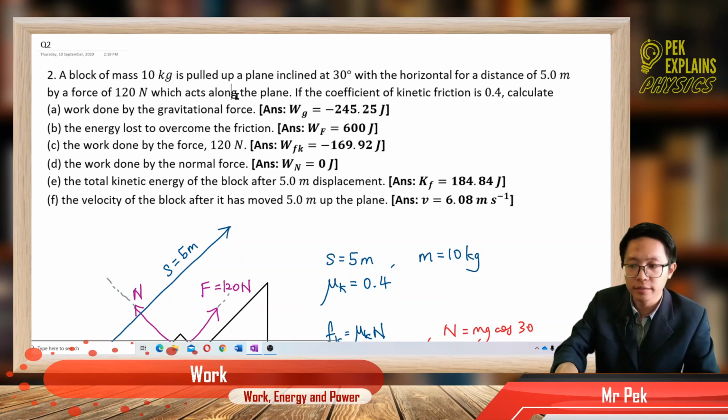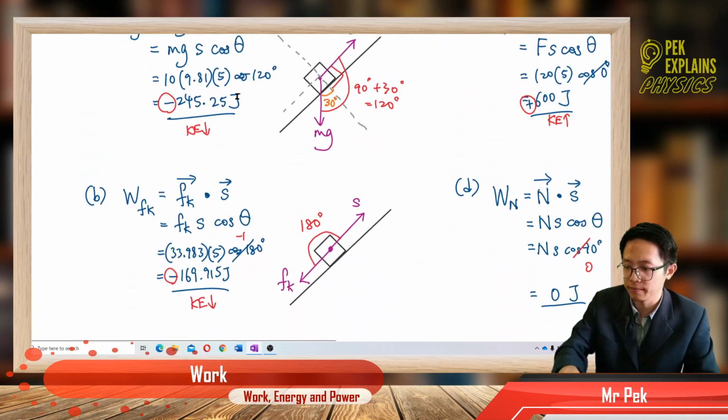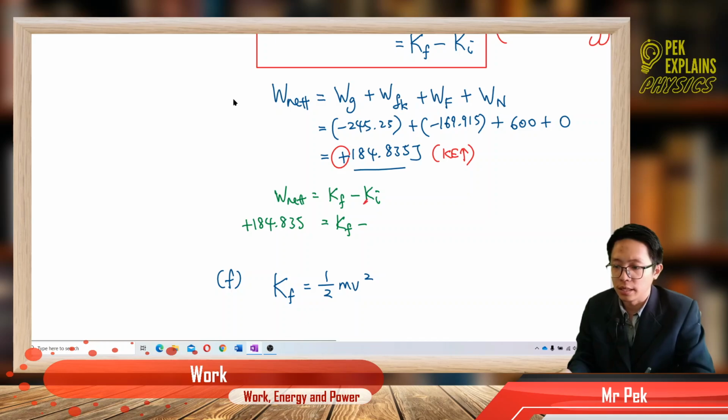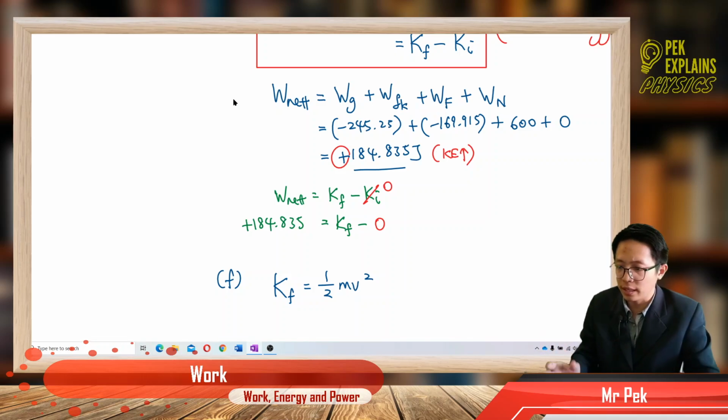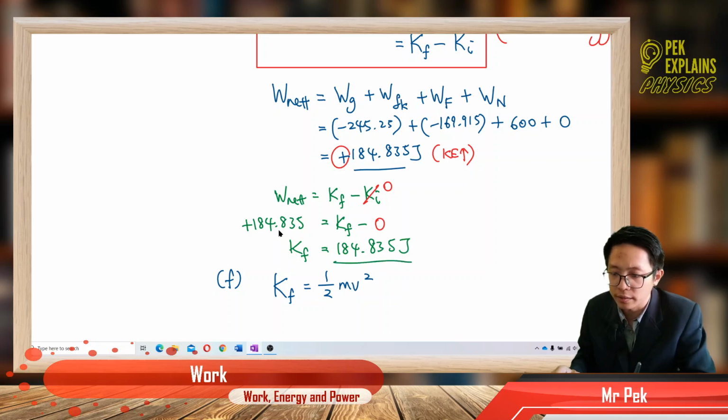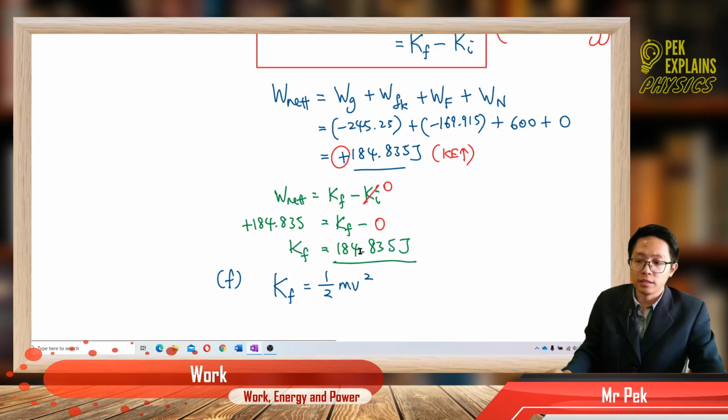Initially the block is not moving, at rest, so the initial kinetic energy is 0. This work done is actually the kinetic energy gain, so the final kinetic energy is 184.835 joule.